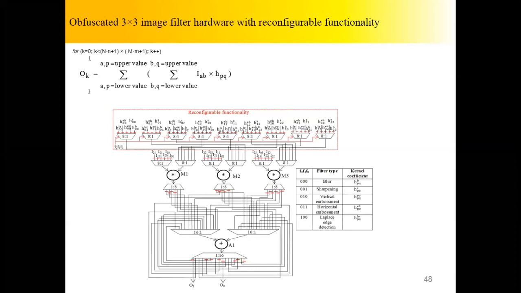Using this information, we can use the filter kernel coefficients to keep convolving with the image pixel values. Once that is done, we can derive a hardware design which can be obfuscated to secure against cyber threats. Next slide, please.